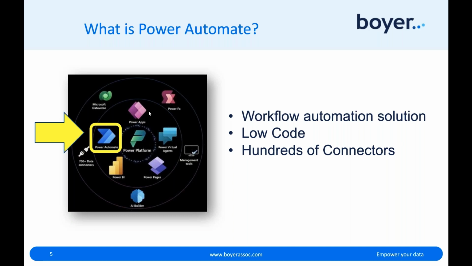So if you use Fundraising and Engagement or Sales, the modules within Dynamics 365, you're working with Power Apps. So it's helpful, I think, to have this initial context of how the Power Platform is better together and where Power Automate fits within this ecosystem.